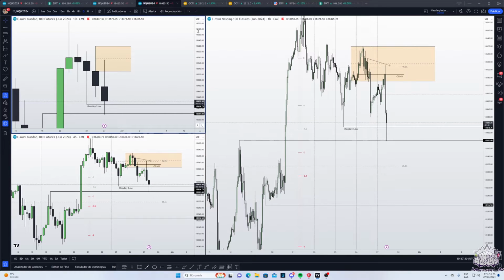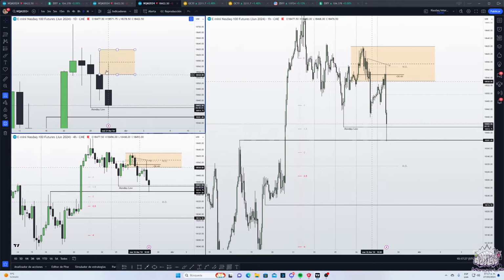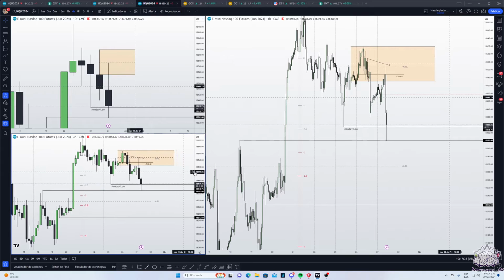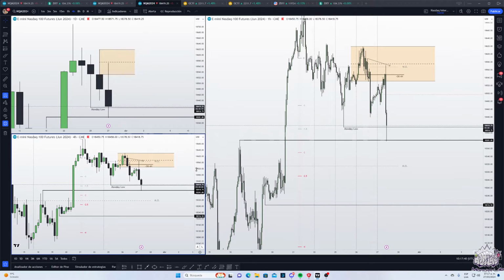Remember, the more underrated PDRA, it's the weeks. But inside the weeks, you can find lower time frames, internal liquidity, order blocks, fair value gaps, and internal liquidity.